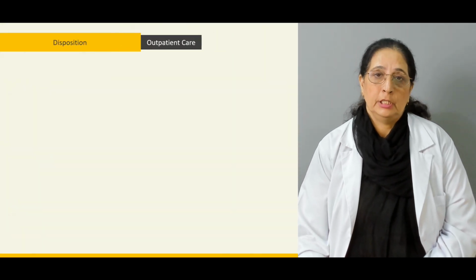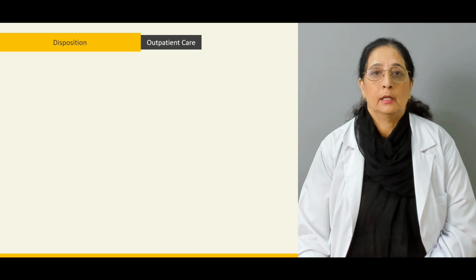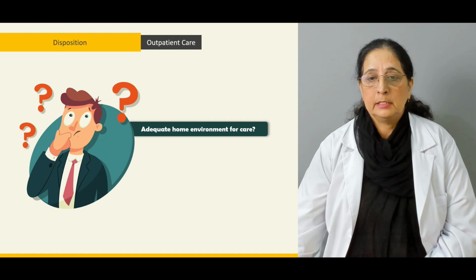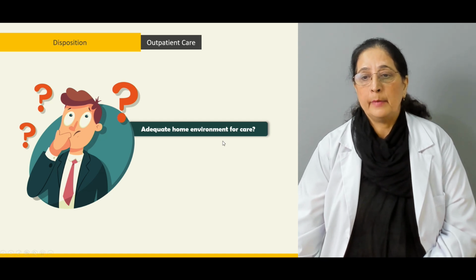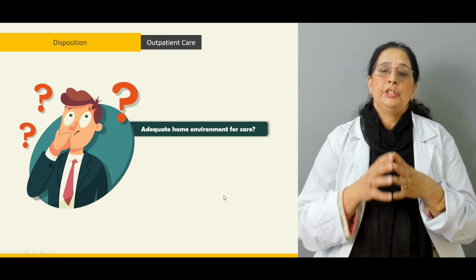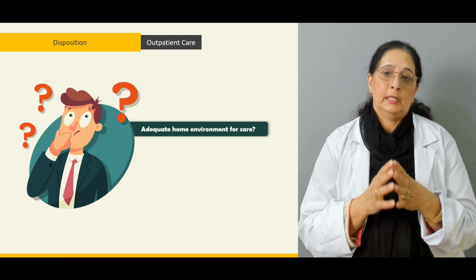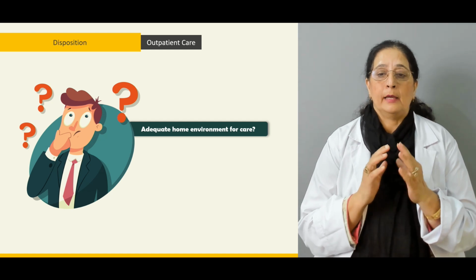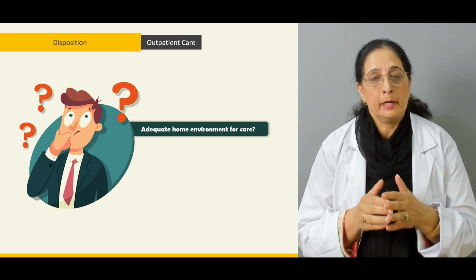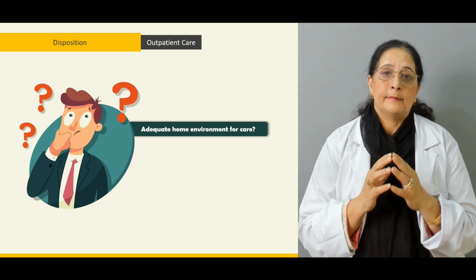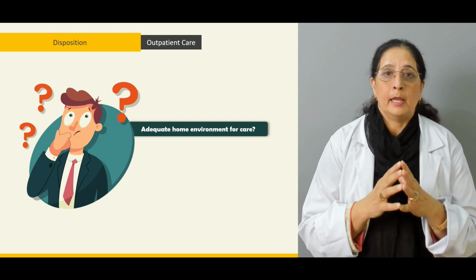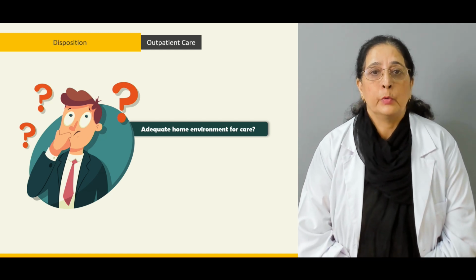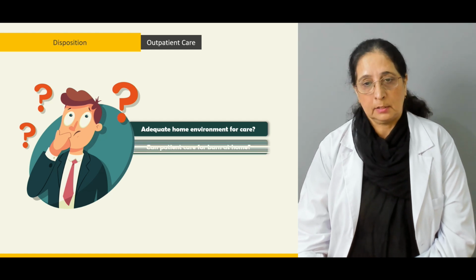The disposition of the patient: how we determine an adequate home environment for care. So disposition for outpatient care is important, that the patient should have a proper home environment and have somebody to take care of them at home. So it's very important, we should ask if they have adequate home care available or not.